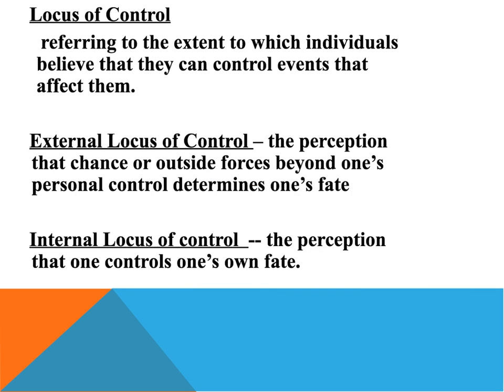Now, if you remember from our previous discussions in neuroscience and in learning and developmental psychology, our personality is directly linked to our temperament. And our temperament, which is our emotional reactivity to outside stimuli, is derived from our genetic code, from our parents. So we can observe temperament in babies as early as infancy.